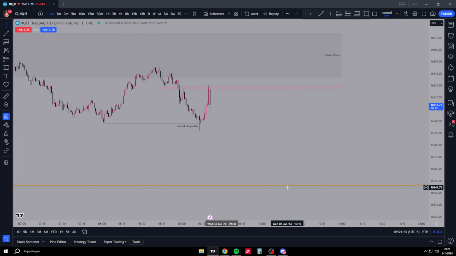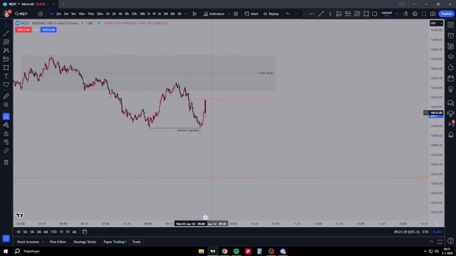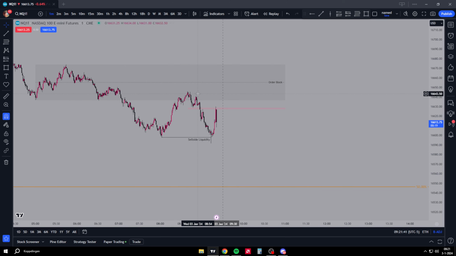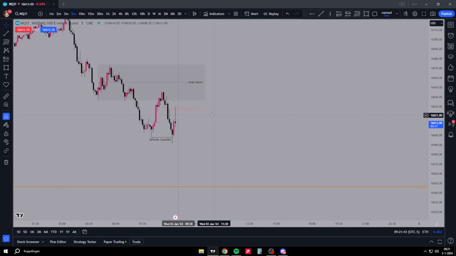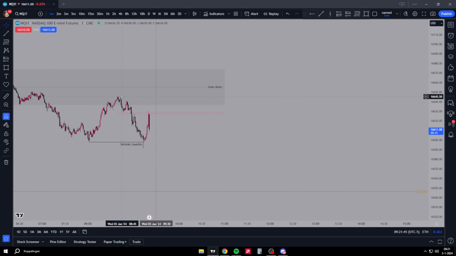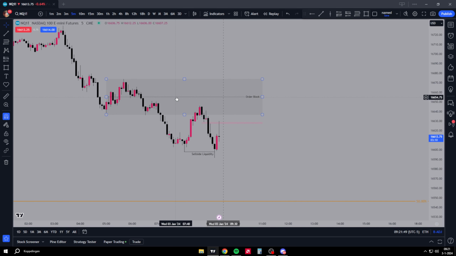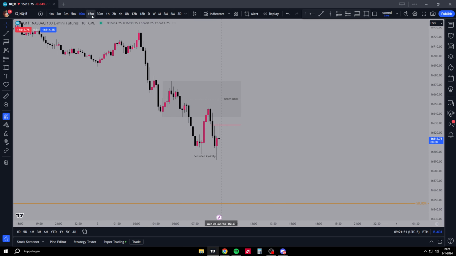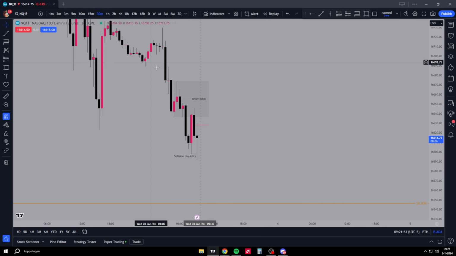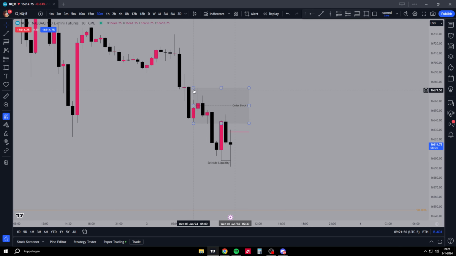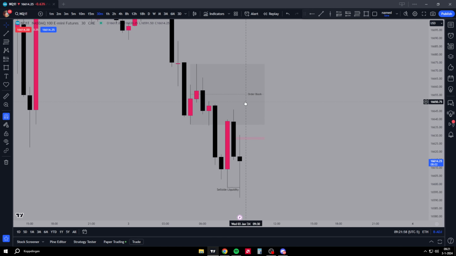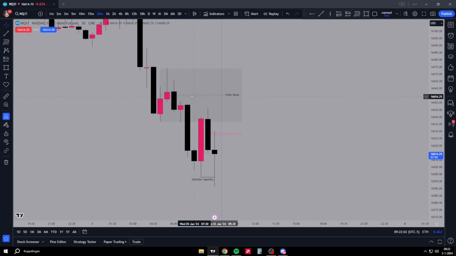If this is our bias, which is equilibrium, then I would anticipate our Judas swing going to a high, which would be actually these highs. We haven't tapped, yeah, damn, really, probably this right here. If we look, then we have our order block right here, and we have an untapped mean threshold, so we could go as far as a mean threshold.